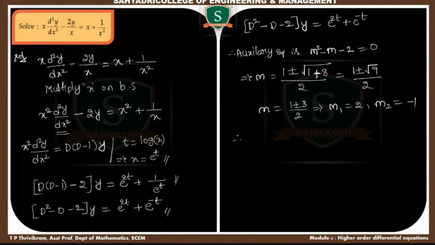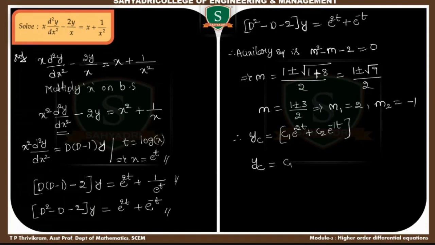When you get distinct solutions, the solution is yc is equal to C1 e raised to 2t plus C2 e raised to minus 1t. Now replace with x.